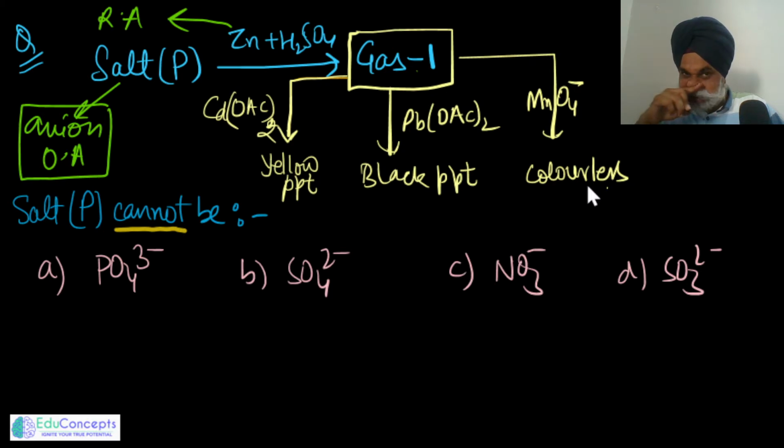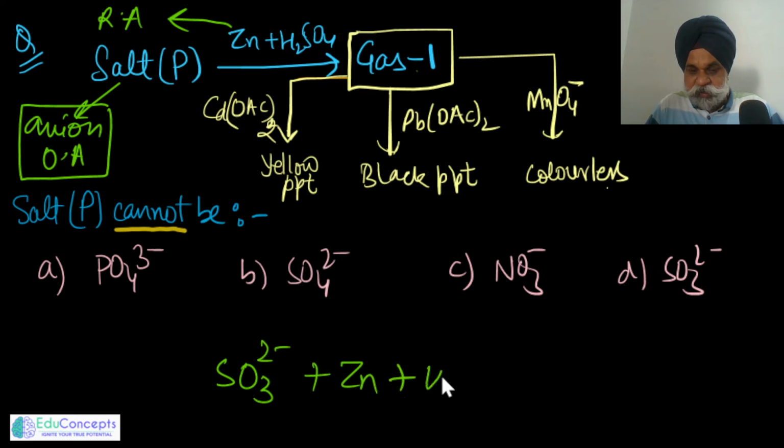We may think of it like this: if I have sulfite ion and I treat it with zinc in the presence of H+, as we did last time also, it produces H2S, where sulfur goes from +4 to -2.